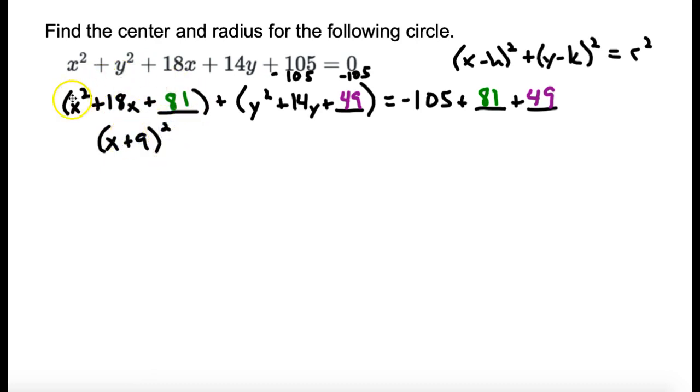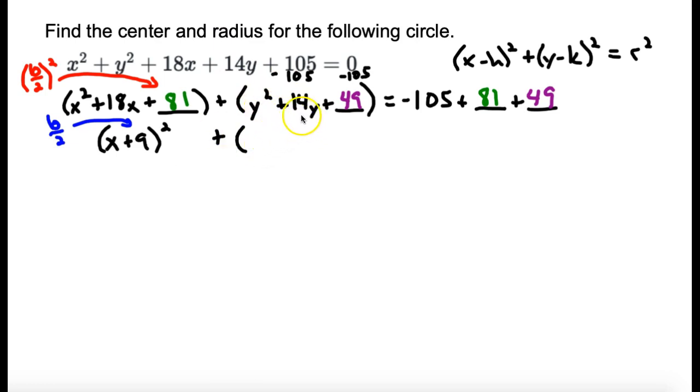So without x factoring, since I've created a perfect square trinomial, I know it's going to factor into x plus 9 squared. Let me make a few notes here. This, remember, is half of b, or b divided by 2, squared. And then this value here is just b divided by 2. Same thing over here.